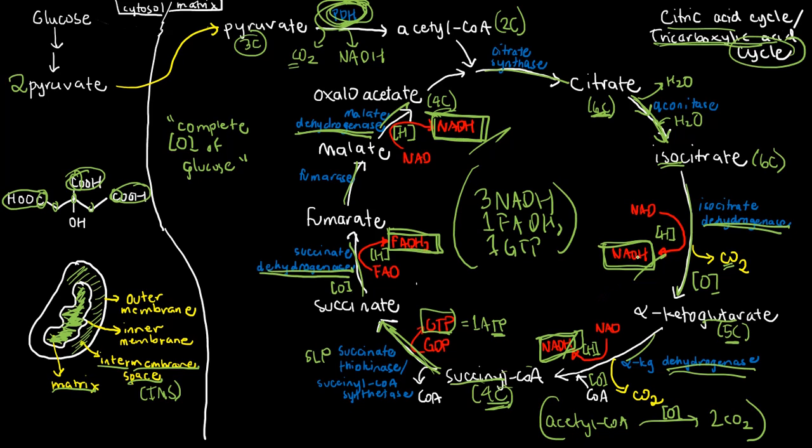Now, there is still something I would like to say about the Krebs cycle. As you see, some references refer to the Krebs cycle as an amphibolic pathway, meaning it could act both as a catabolic and as an anabolic pathway. But let me clarify that it is not the actual cycle that is anabolic, because if it were anabolic, your product should be greater than 4 carbons, which it is not.